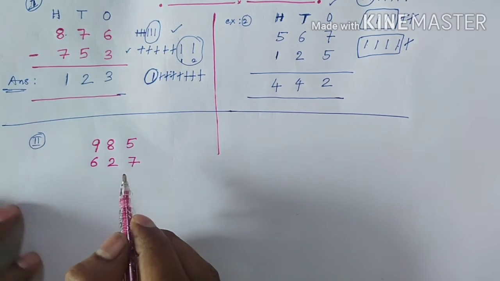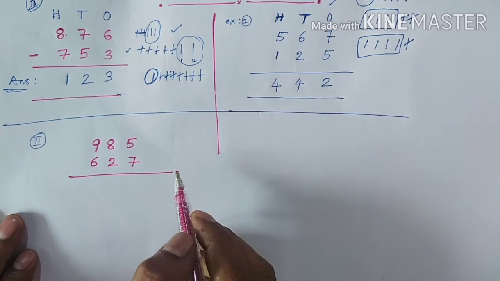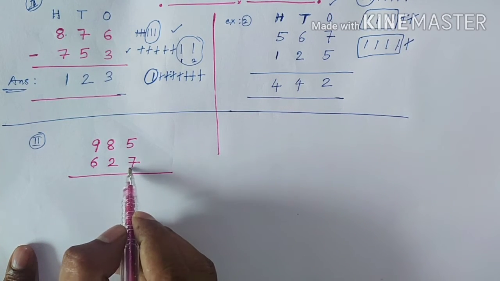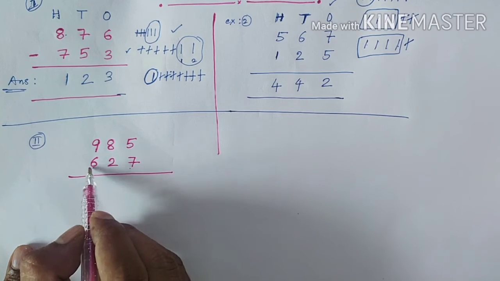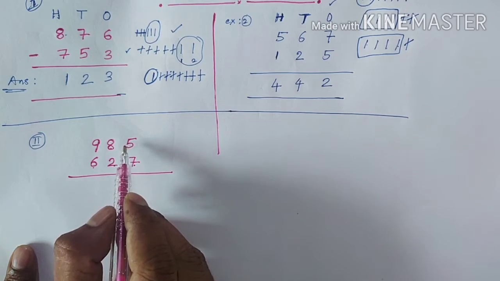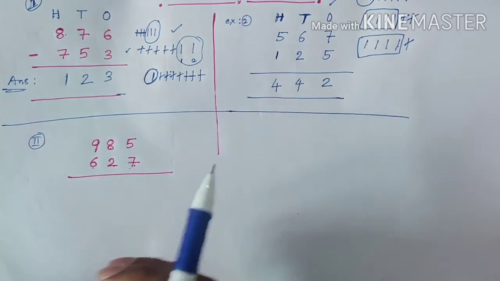What you need to do is subtract 627 from 985. For this, first you have to write.